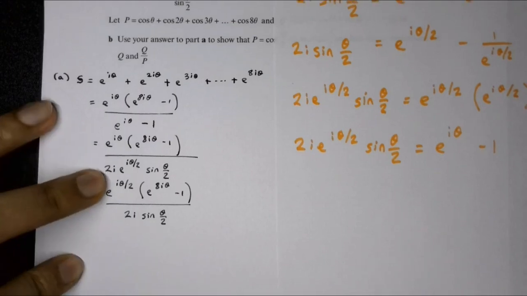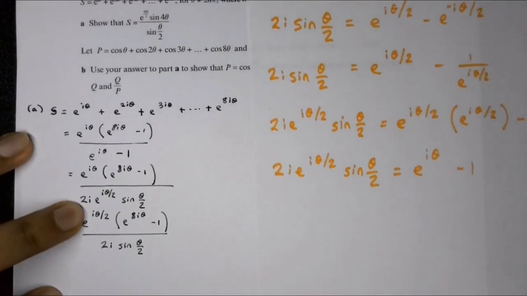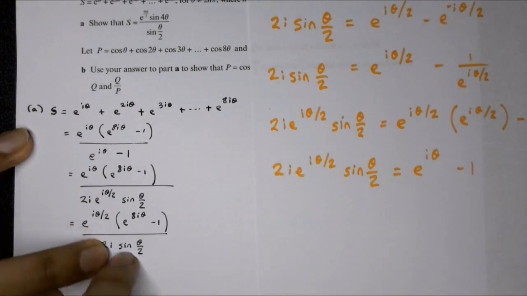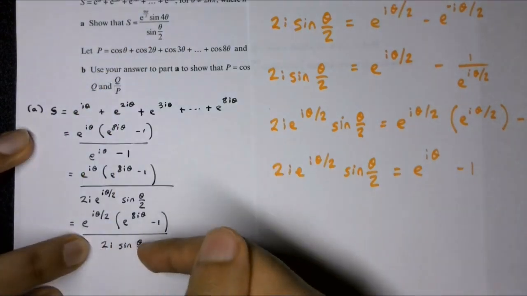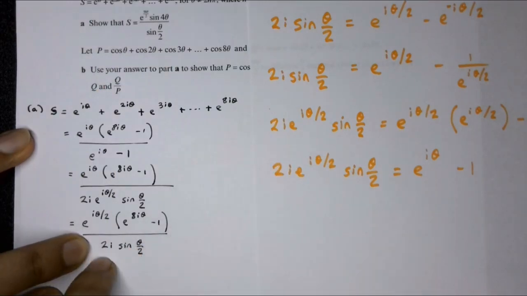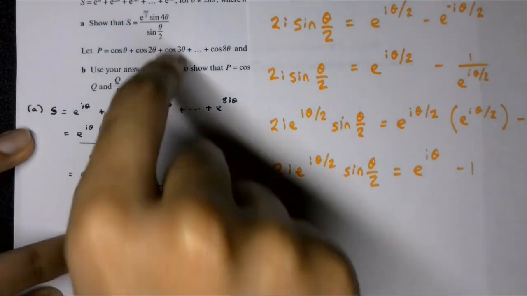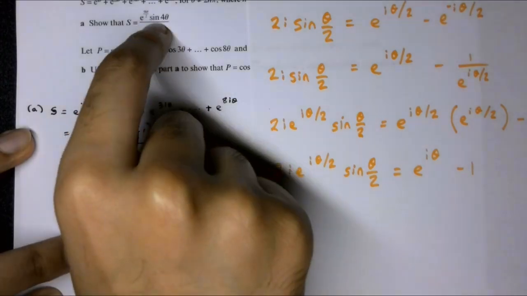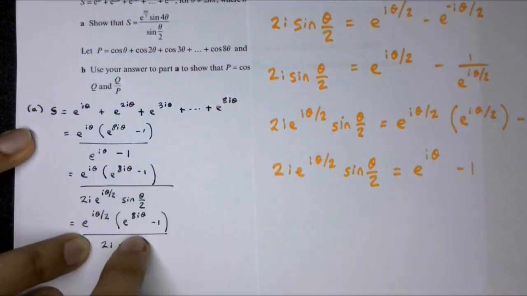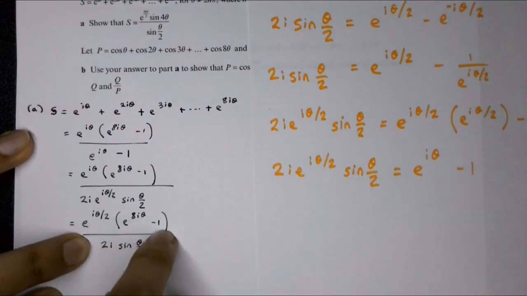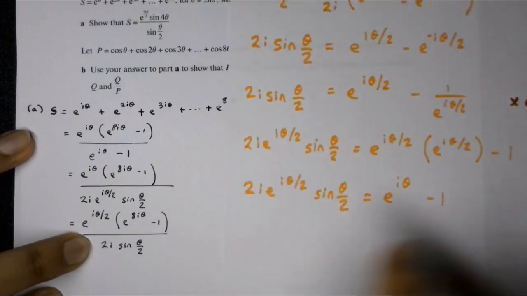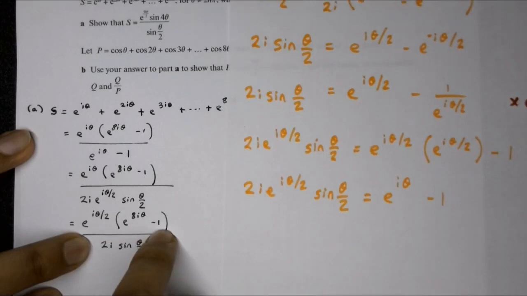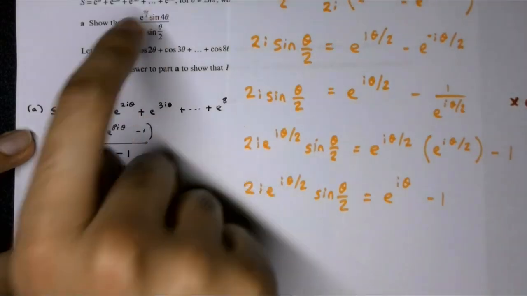Now, if you look at what we want to show, we've dealt with the bit at the bottom. We have, as you can see here, a sine of theta over 2. We'll just ignore this 2i for now. But if you look over here, we have sine of 4 theta, but over here we've got e to the 8i theta minus 1. So we can use the same idea to help us get rid of this bit, so that we're left with a sine 4 theta.